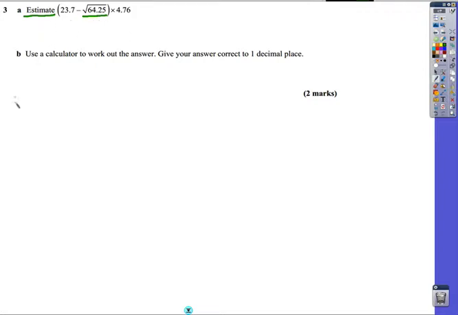Okay, so starting off with 3a, I'm going to rewrite the question just to help us out. It's a good method to rewrite the question so you can see what you're doing, but you need to make sure you copy out the question exactly so you don't make mistakes or lose marks.